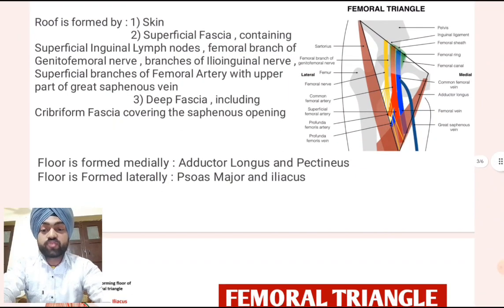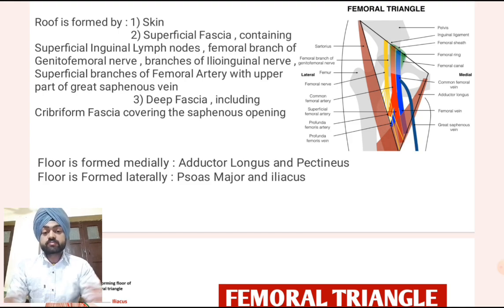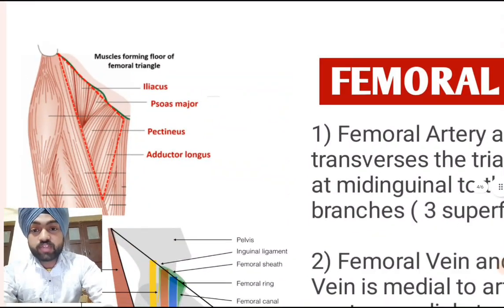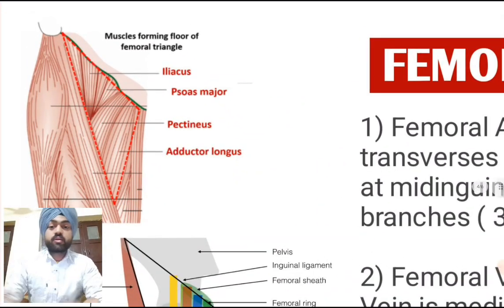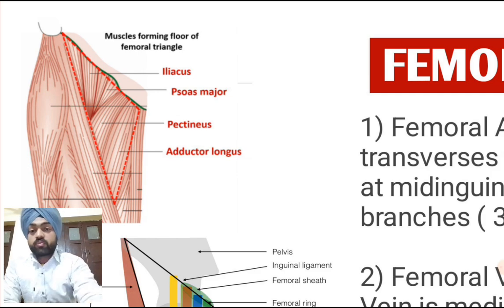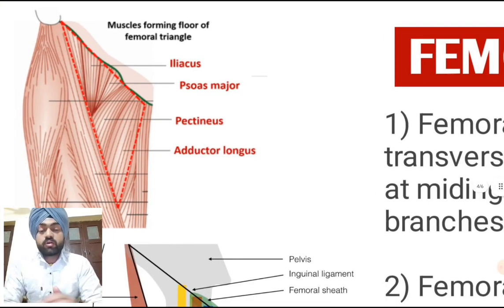So let's talk about the floor. The floor is formed medially by adductor longus and pectineus, and laterally by psoas major and iliacus. As you can see in this diagram, these are the muscles that form the floor of the femoral triangle.